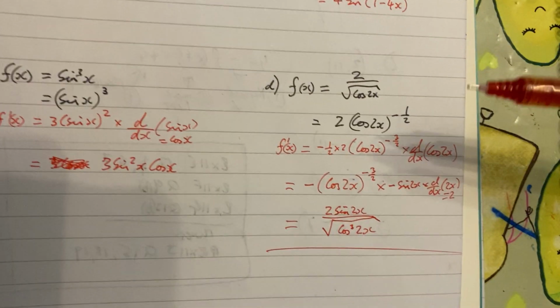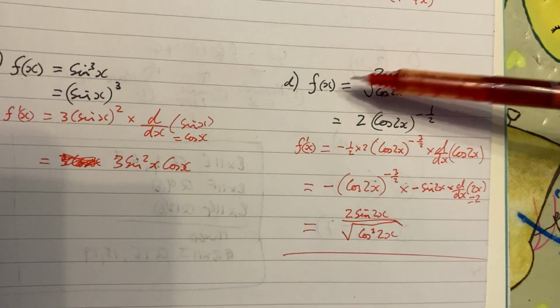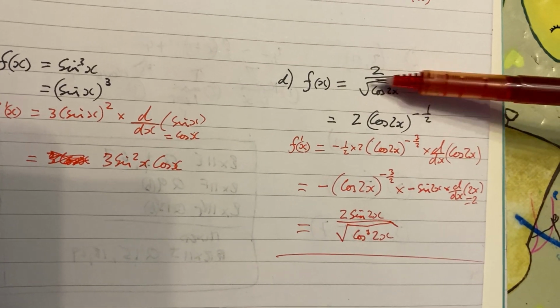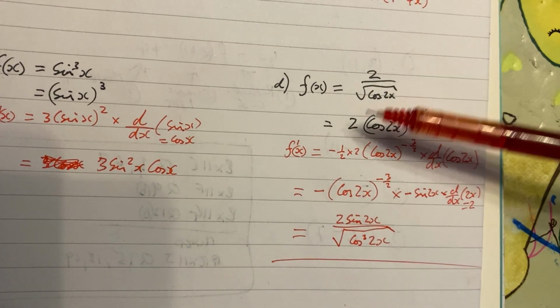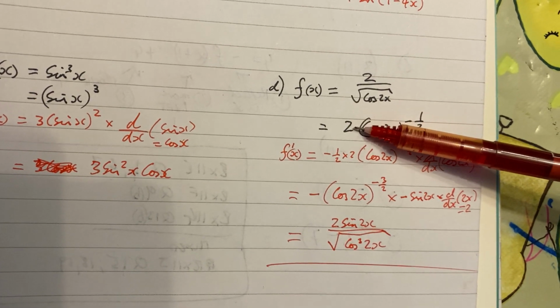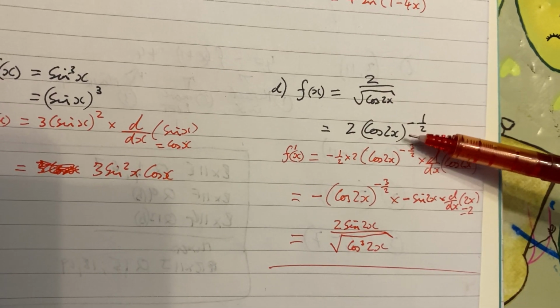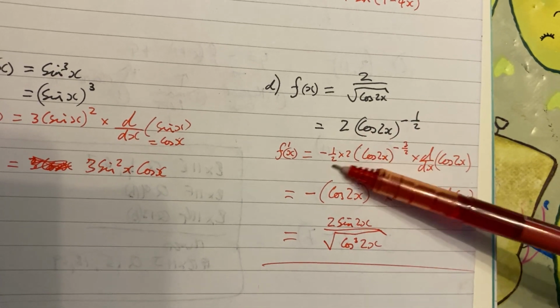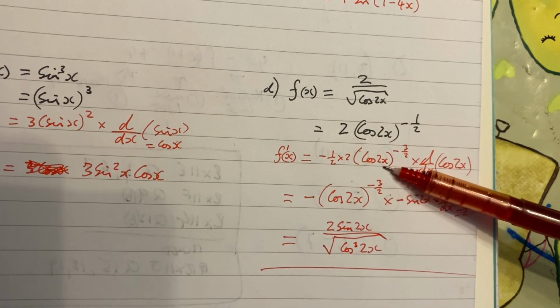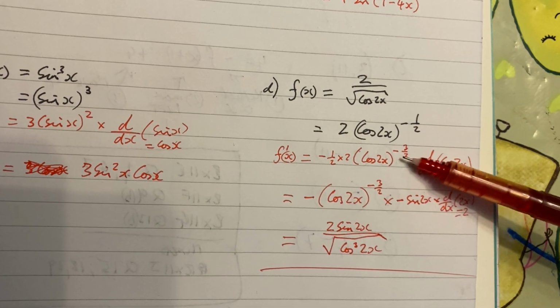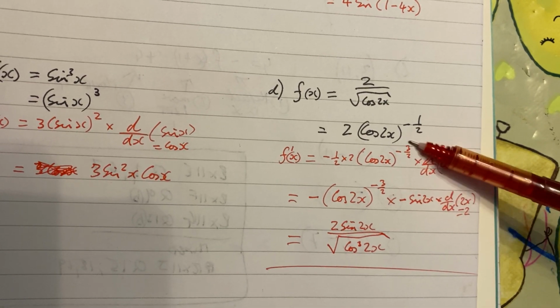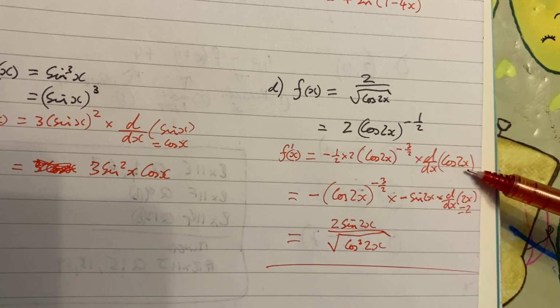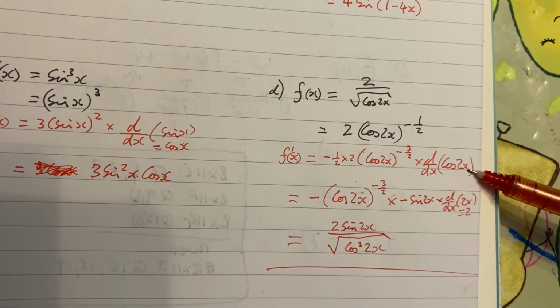A slightly trickier one because we've got a double bit here. So f of x equals 2 over square root cos 2x. So putting it in differentiable form, 2 cos 2x to the power of negative a half. So power down and multiply, so 2 times negative a half. Cos 2x to the power, reduce the power by 1. Don't forget to times by the differential of what's in the bracket.